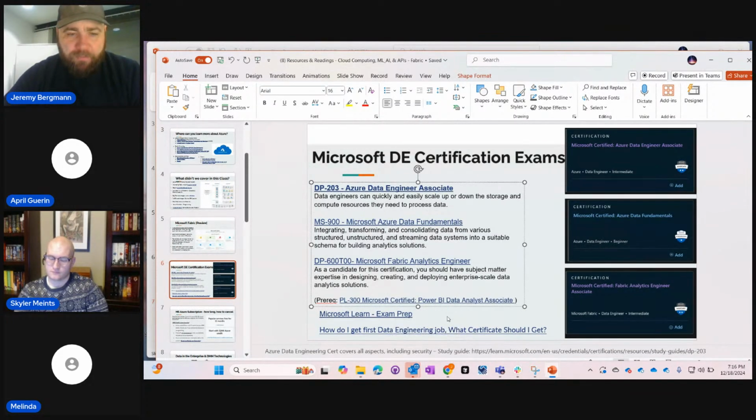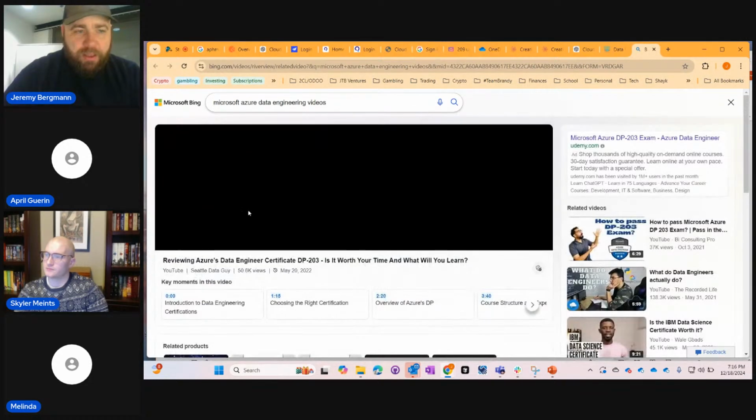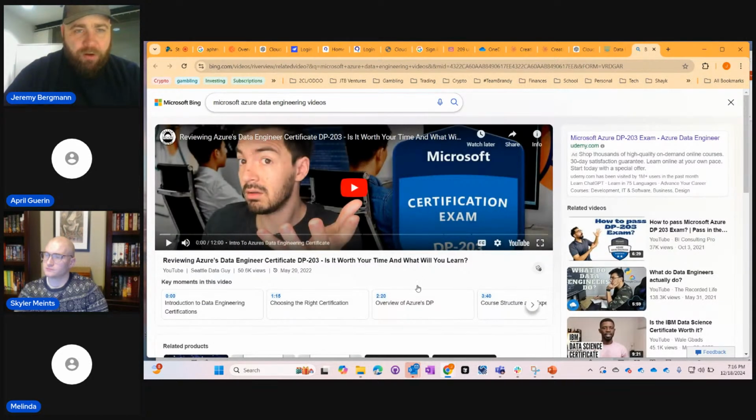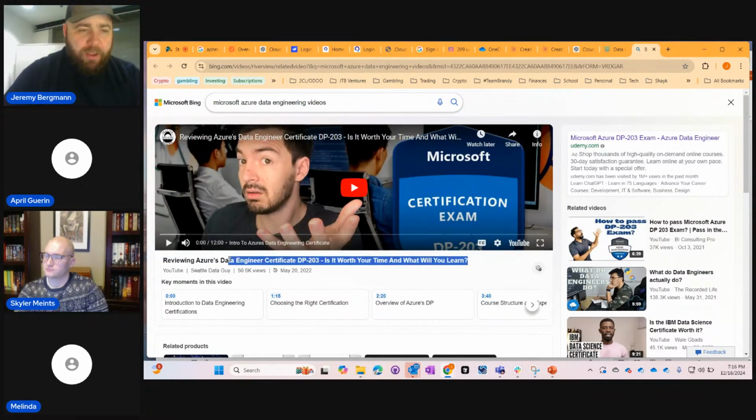There's some exam prep. And then there's always a question about how do you get your first data engineering job and what certification should I get? I think certifications will help in the sense that it shows your expertise. That's why I'm working myself on Fabric and data engineering certificates as a consultant, because it shows I have expertise in something specific.